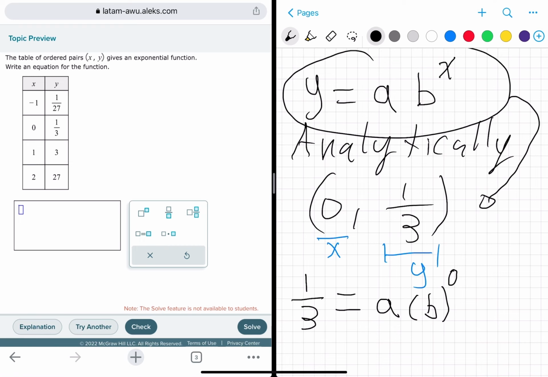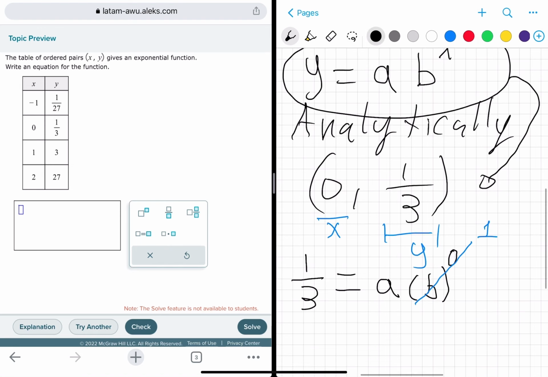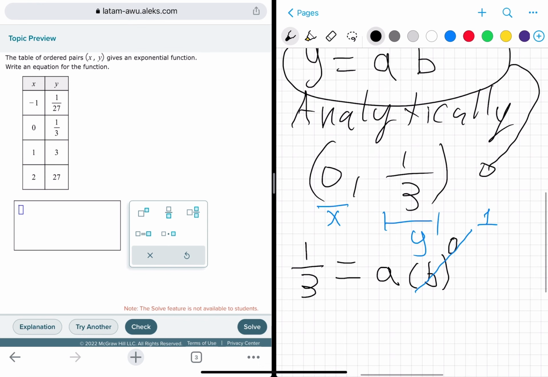I took this value because I know that anytime I have a number to the 0, that is going to be 1. That's why I chose that point. By doing this, I know that 1/3 equals a times 1.